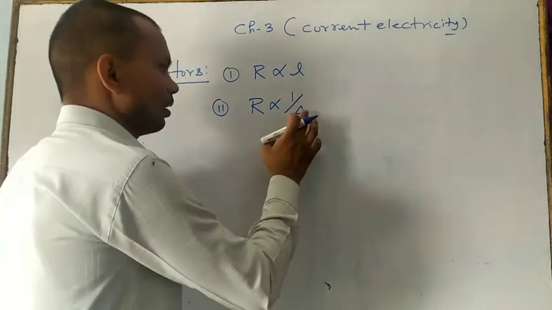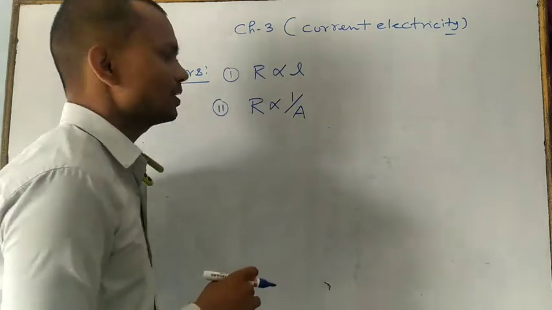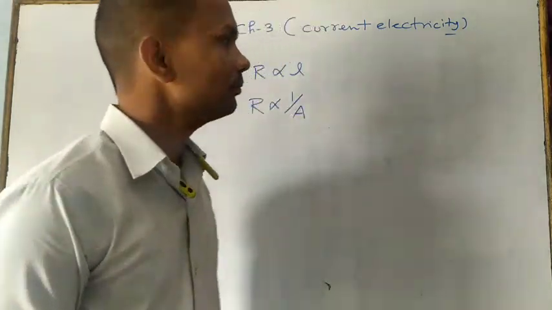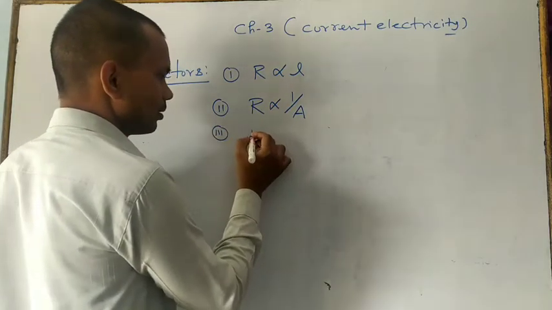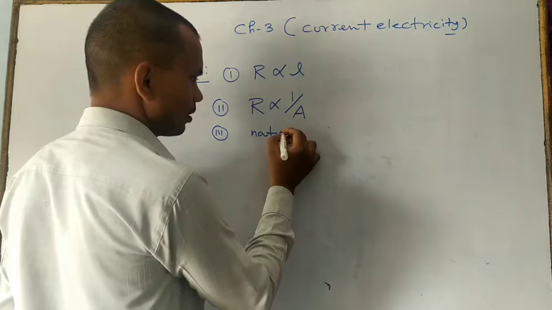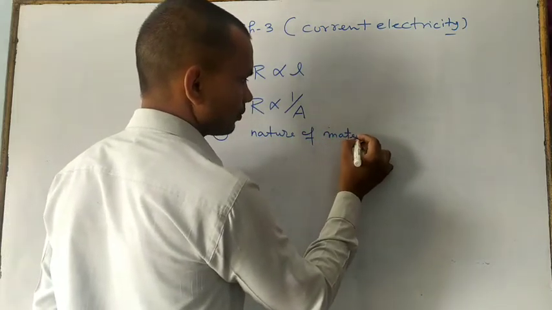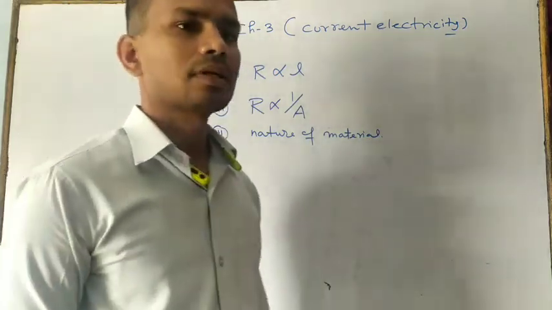Therefore, when you are increasing the cross-sectional area, the resistance of the conductor decreases, right? And the third one, it depends upon the nature of material. These are the three factors on which the resistance of a conductor depends.